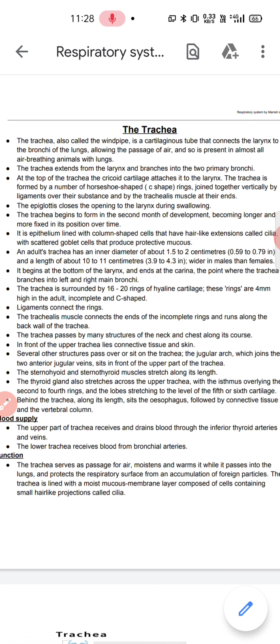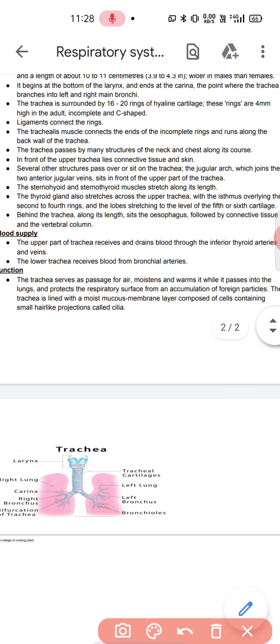The open part of the C-shaped rings is in front of the esophagus, which provides room for the extension of the esophagus.